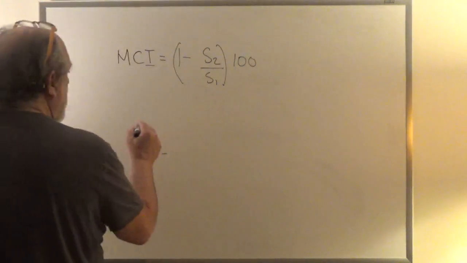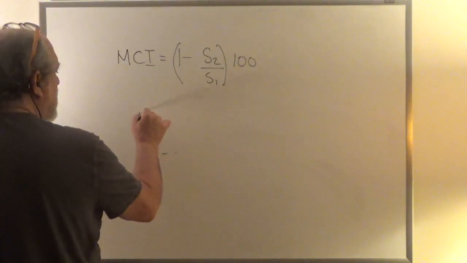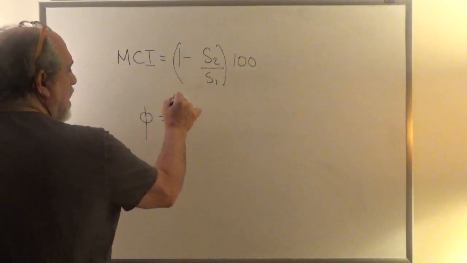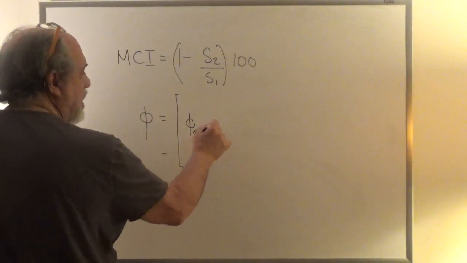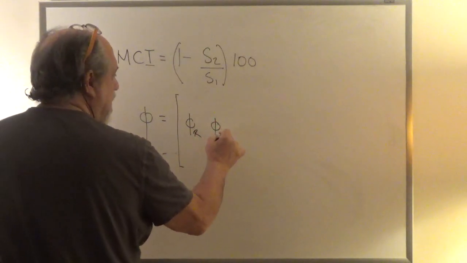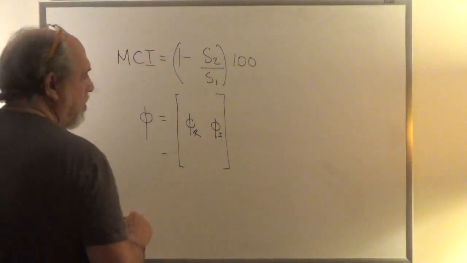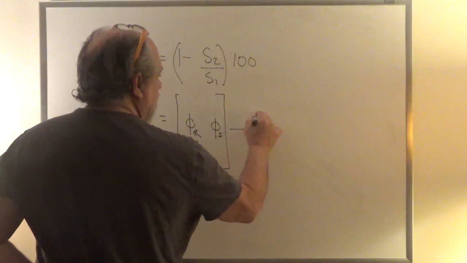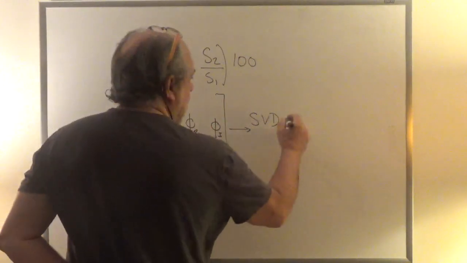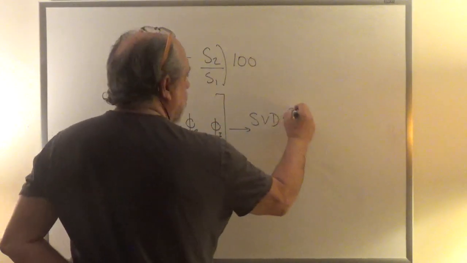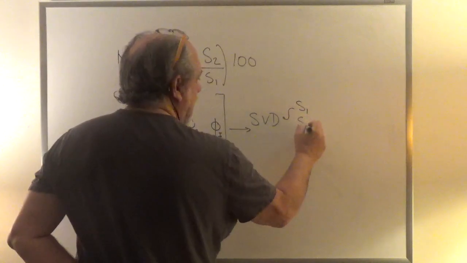S1 and S2 are such that you take the real part of the mode and make it the first column of a matrix, and you take the imaginary part and make it the second column, and then you take the singular value decomposition of that matrix, which has two singular values, S1 and S2.